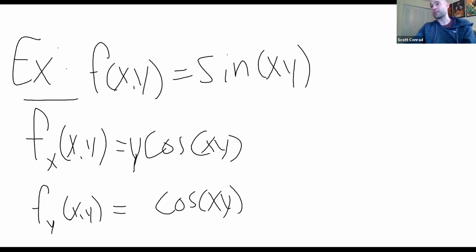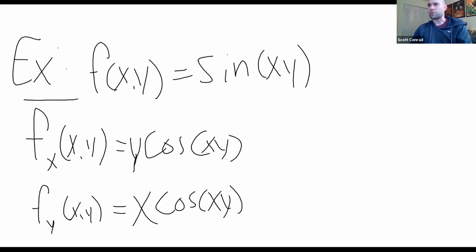When you differentiate with respect to y, you just get the constant, x, right? So we get x cos xy. Everyone understand what's going on with that one? These are really, really, really easy after you've done a couple of them. It just becomes second nature.